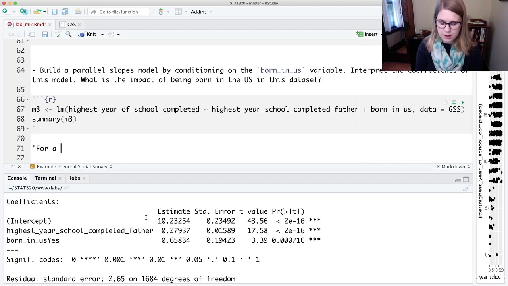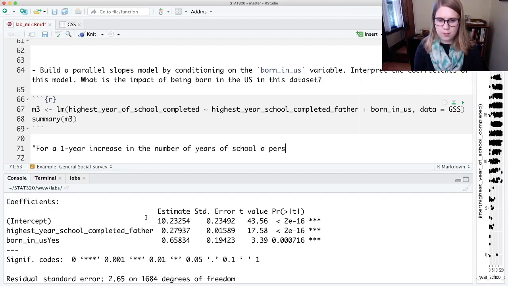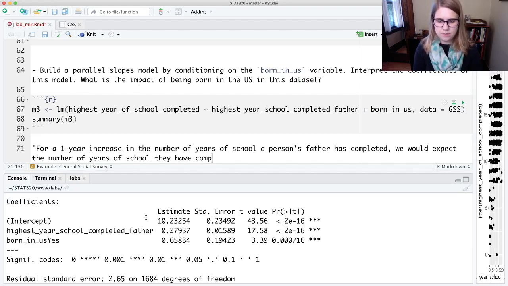So for a 1 year increase in the number of years of school a person's father has completed, we would expect the number of years of school they have completed to increase by 0.28 years, let's say.